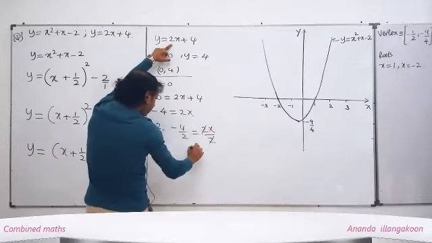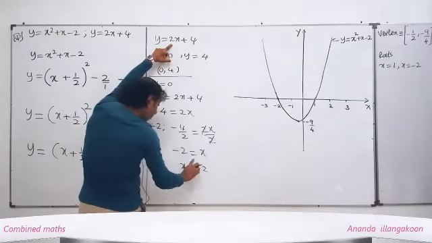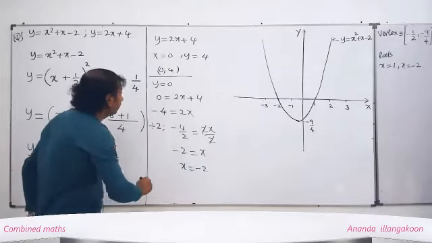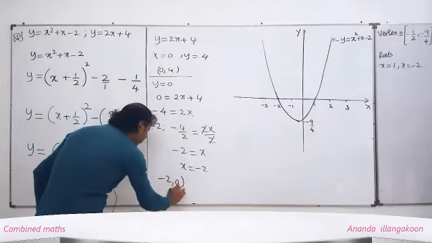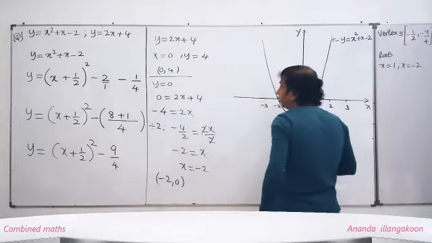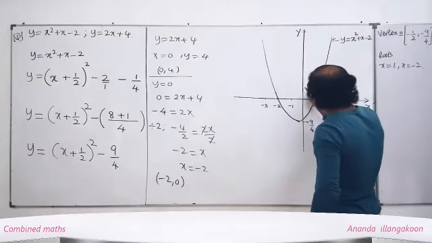This way, what do we get? Minus 2 equals x, means x is minus 2. The other point is minus 2, 0. Here, people, one point is minus 2, 0. The other point is 0, 4. 0, 4 means x coordinate 0, y coordinate 4.